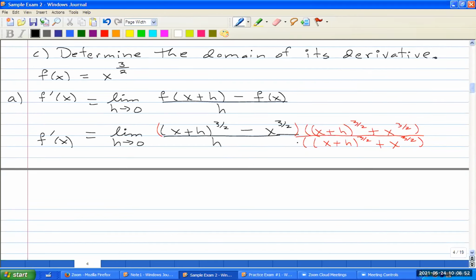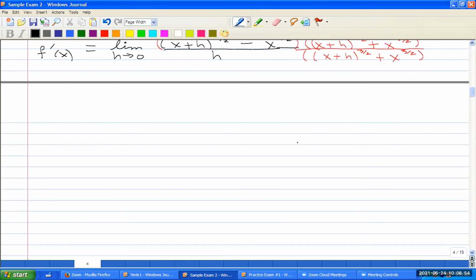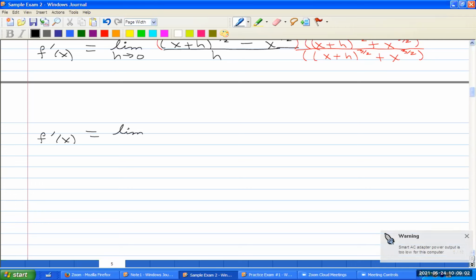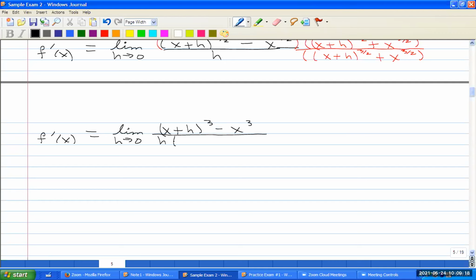And so this is equal to the limit as h approaches 0 of, well, this will be the difference of the squares, x plus h cubed minus x cubed over h, times x plus h to the 3/2 plus x to the 3/2.